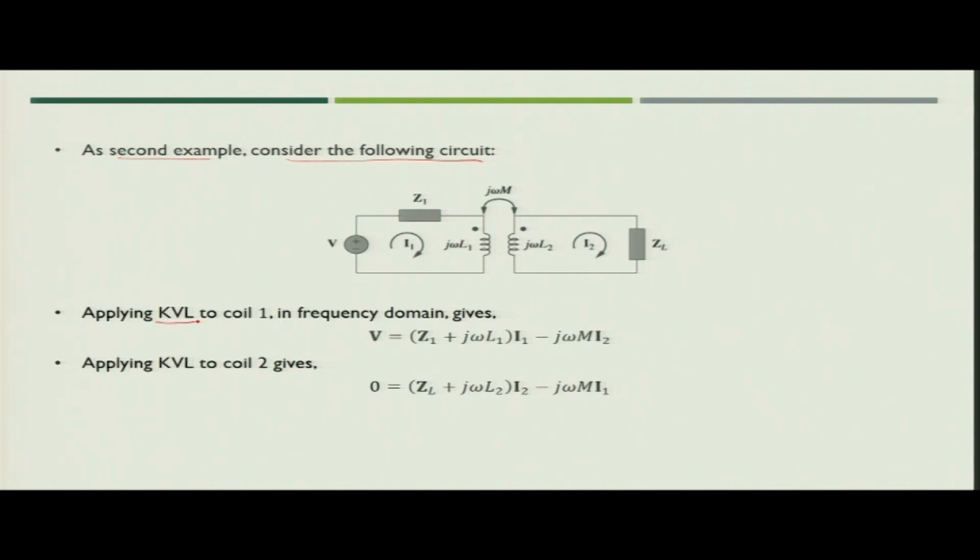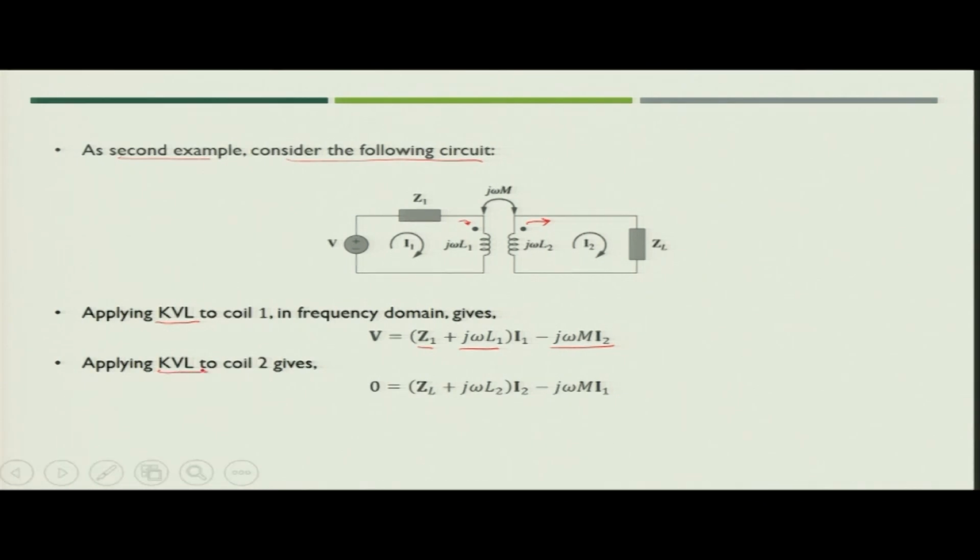Now, let us apply KVL to coil 1. For coil 1 it is (Z1 + jωL1) I1. Here the mutual voltage is negative, so you will write minus jωM I2, because I1 is going inside the dot and I2 is coming outside the dot, and in that case the mutual voltage will be negative. So, we will write V = (Z1 + jωL1) I1 - jωM I2.